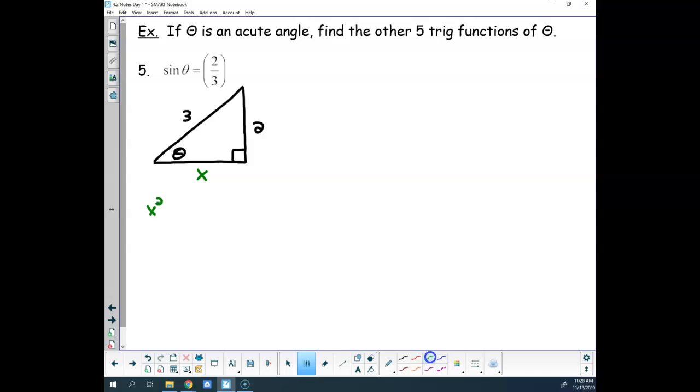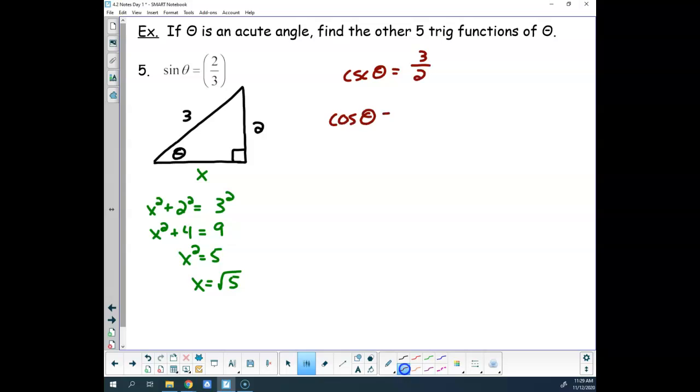So then x squared plus 2 squared would be 3 squared. So I get the square root of 5, right? Okay. So the 5 other trig functions then would be cosecant would be 3/2.